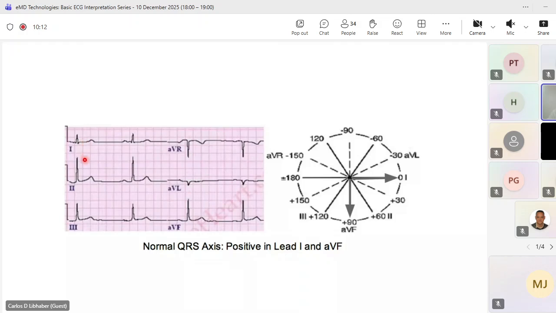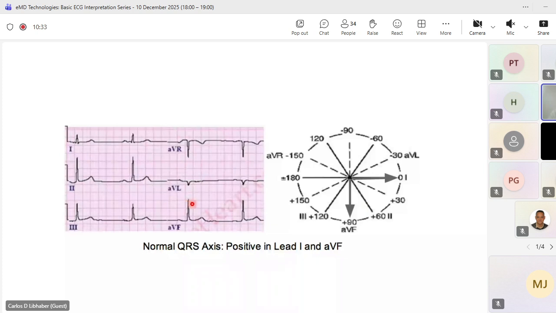In lead 1, lead 2, lead 3, AVR, AVL, AVF. Let's say the highest is in lead 2, right? So it's going towards lead 2.